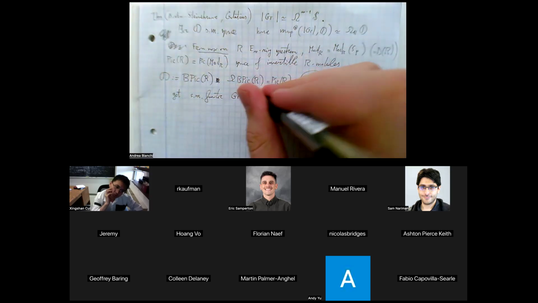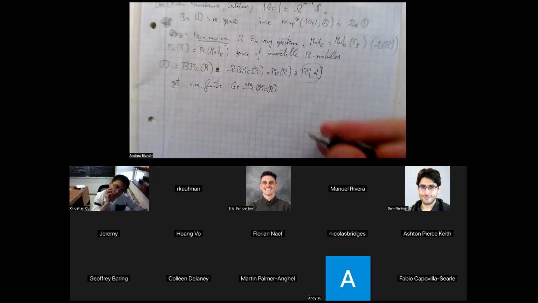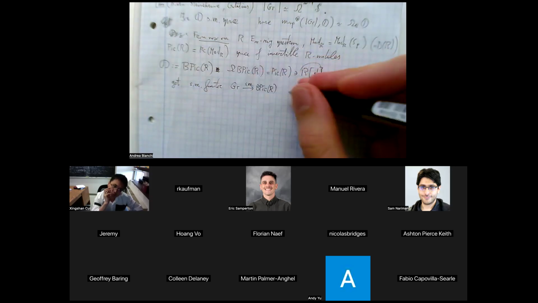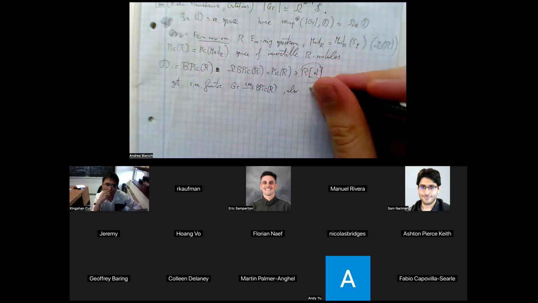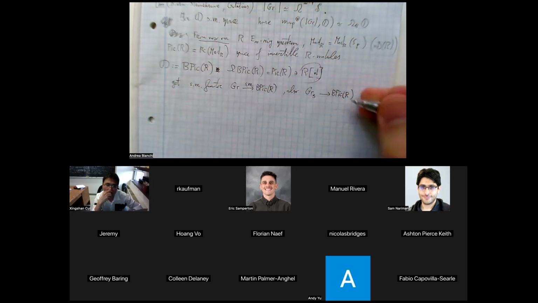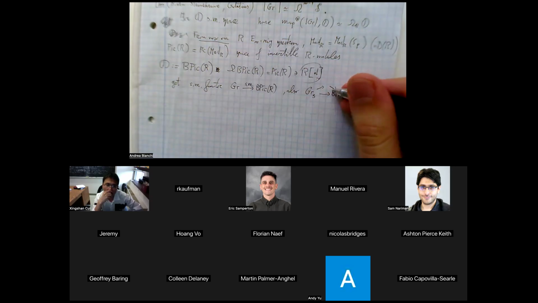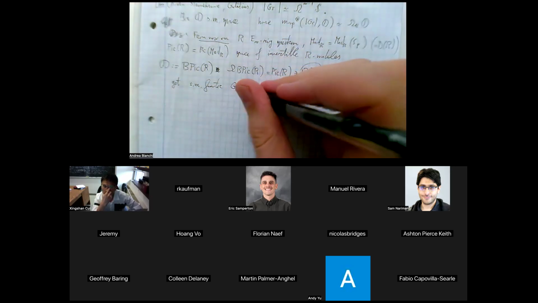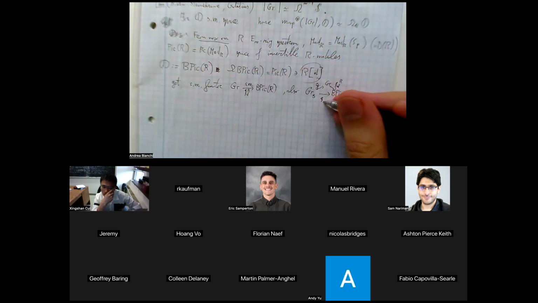This is symmetric monoidal. Now we also get one from GRS into B Pic R by using the functor G, and then this psi dR. Let's abuse notation and call this also psi dR.